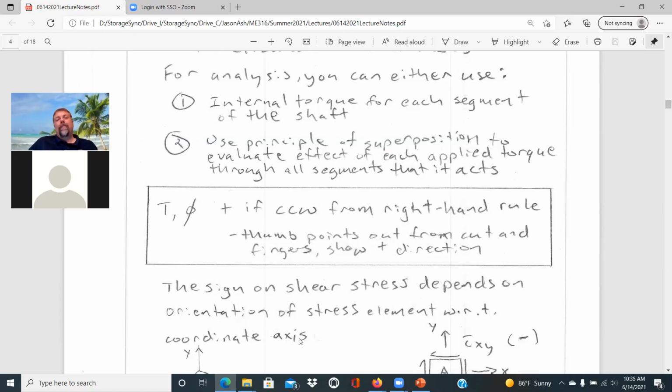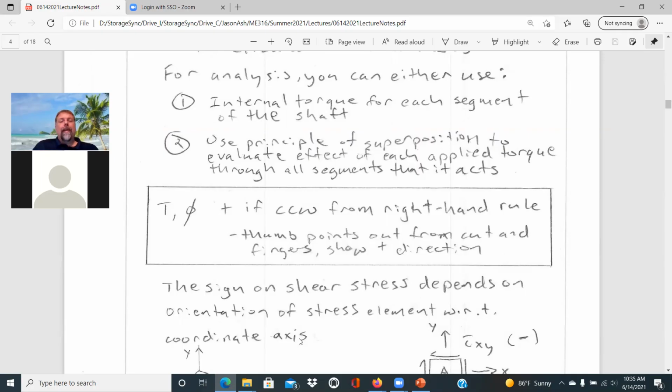You really have both approaches. The second approach becomes really useful when you're doing statically indeterminate problems. And so we have example problems today, and I'll take you through both of those methods, looking at the internal torque versus using the principle of superposition.